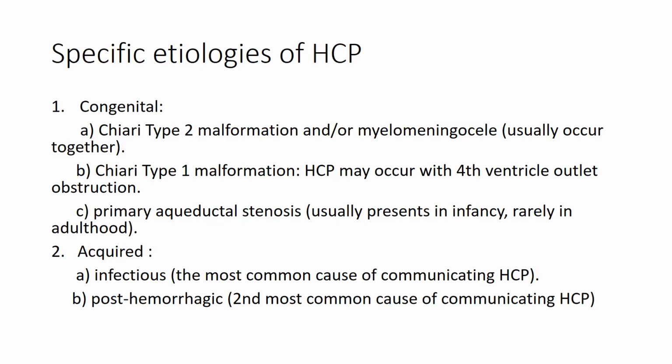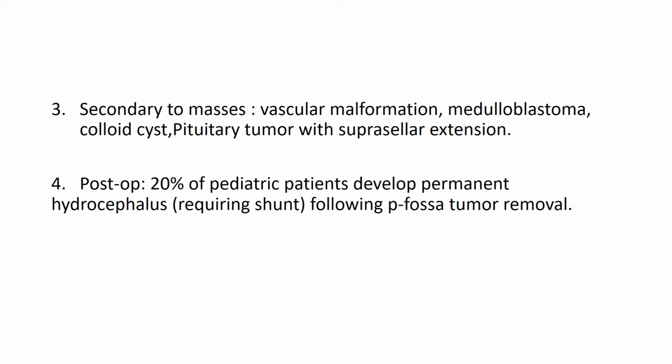It can be congenital or secondary to masses, for example, if there's a vascular malformation or a brain tumor that's causing obstruction of the pathway of the CSF, or patients after surgery.